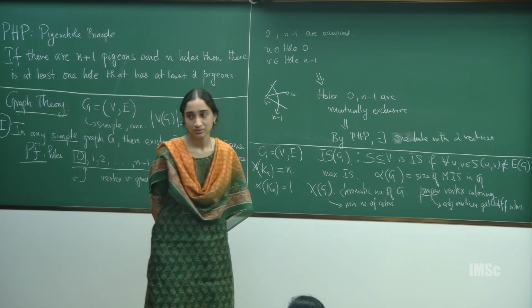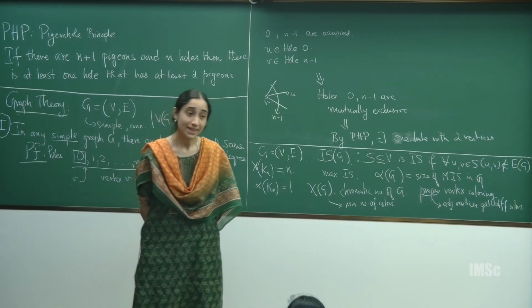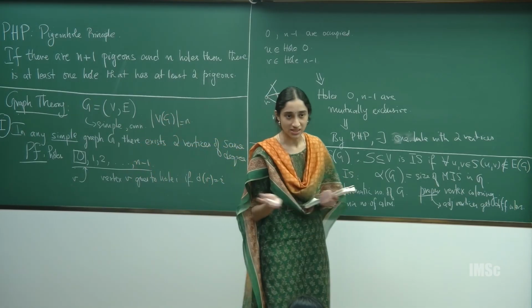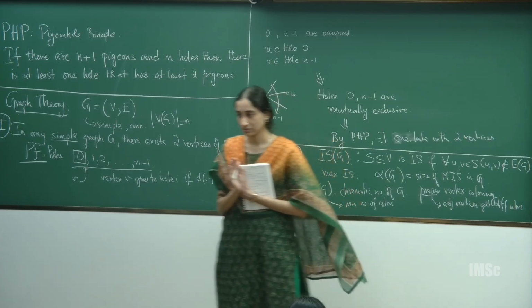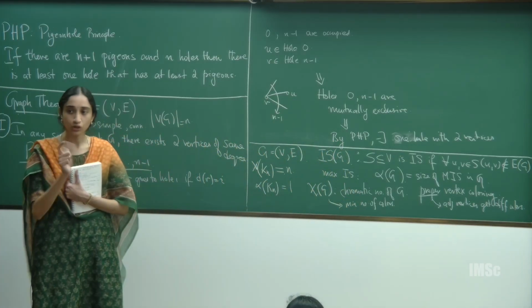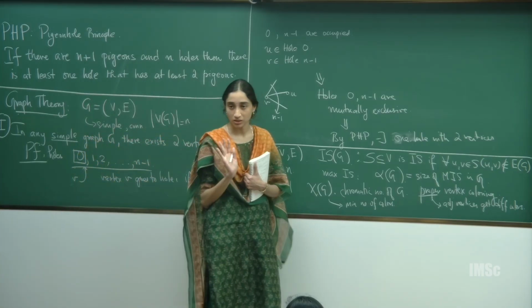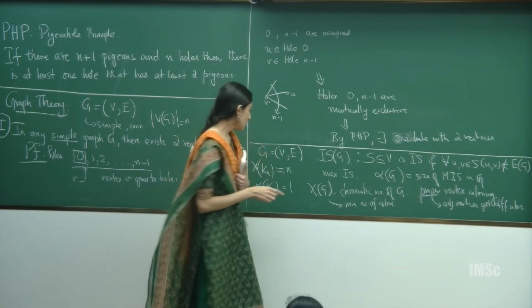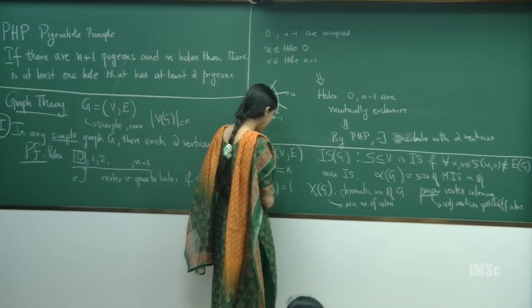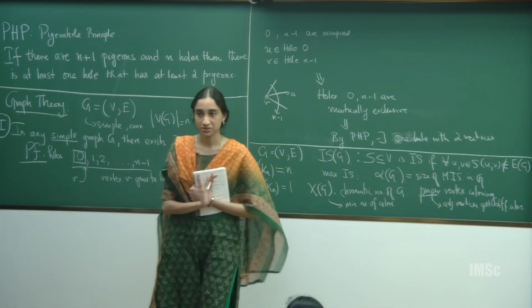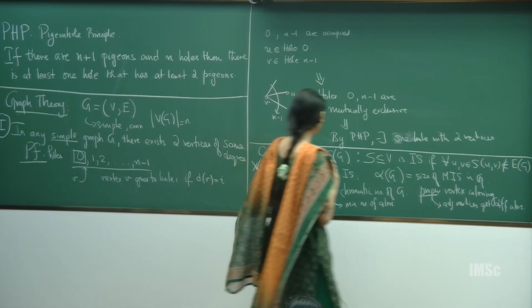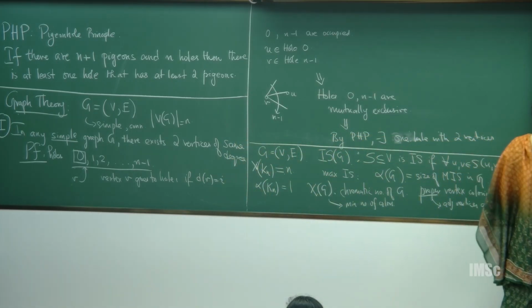Intuitively, it should be small, right? There are so many independent vertices, so you can give all of them the same color. They are all non-adjacent. So there are 100 vertices that are all pairwise non-adjacent, all 100 of them can get blue color and you will be fine. So this means that the larger the independence number, the smaller the chromatic number. So what is the relationship between independence number and chromatic number?